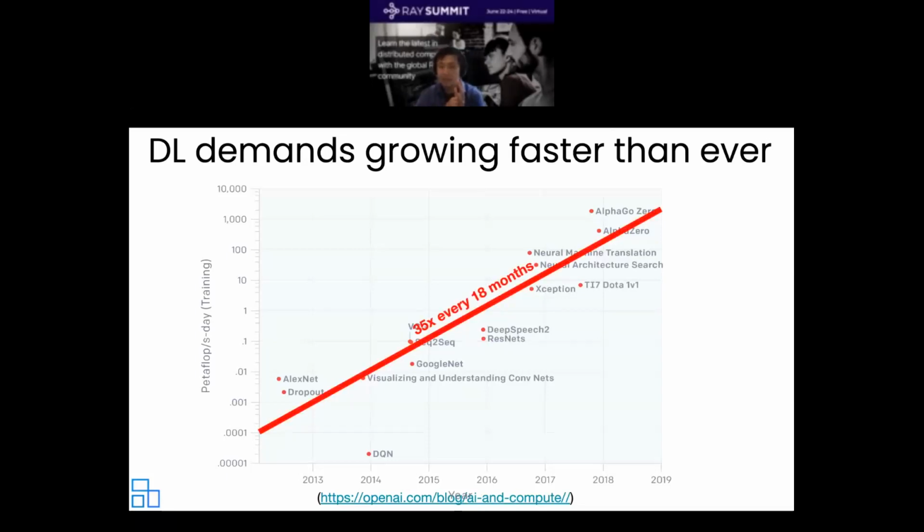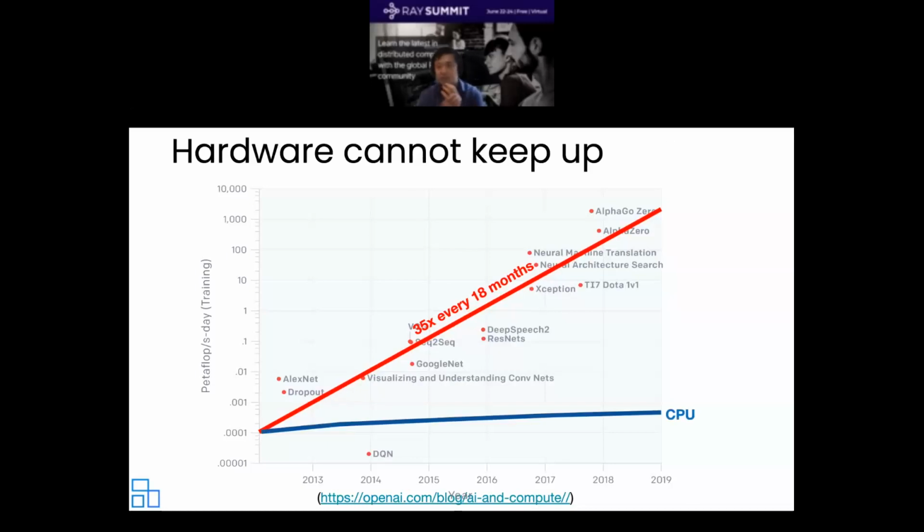Every 18 months, the compute demand for state-of-the-art deep learning models grows 35x. In contrast, I'm also drawing in this chart the growth of a single CPU core's processing power. The growth is much slower than the demand for deep learning, and the gap is huge.